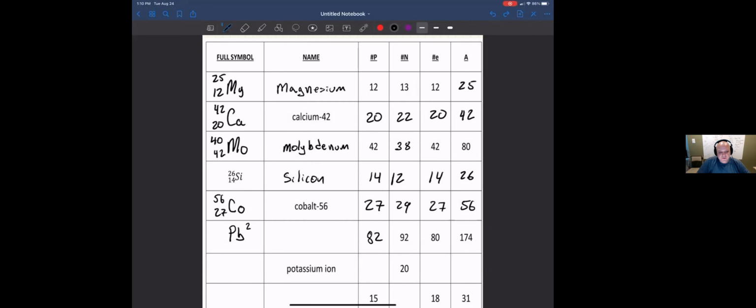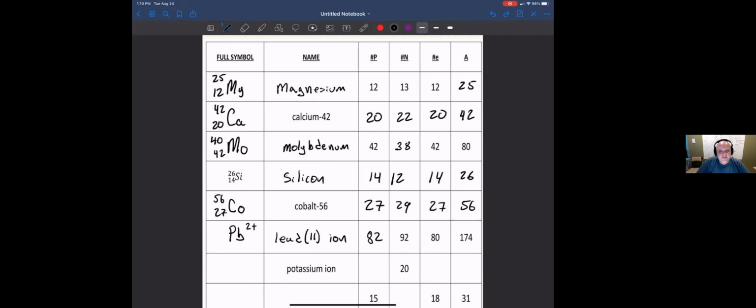Now, going a little bit further, I notice that the number of electrons and the number of protons are not the same. The number of electrons is less than the number of protons. So that means it has a positive charge. So this is Pb2+ as the symbol. So that means it is the lead(II) ion.